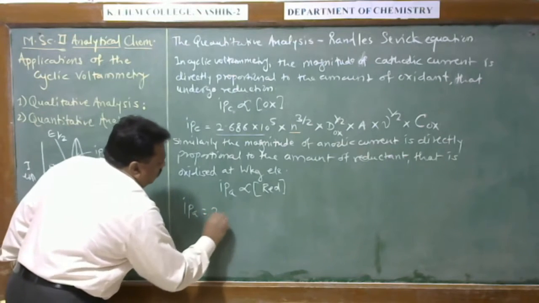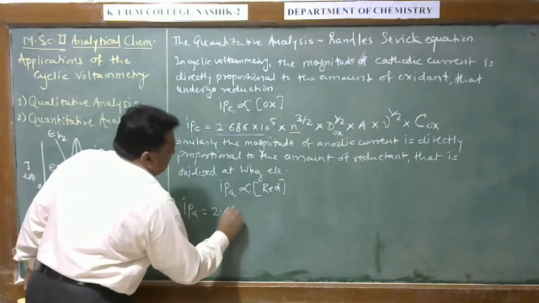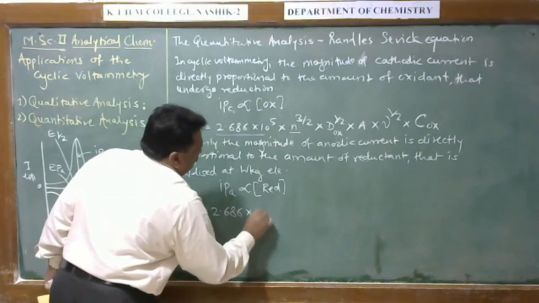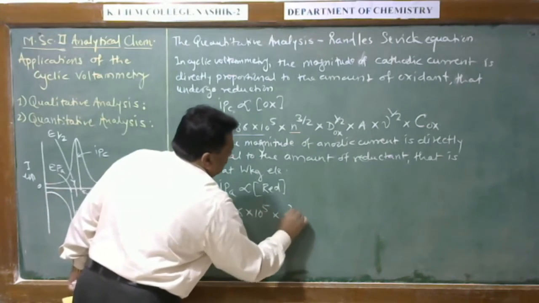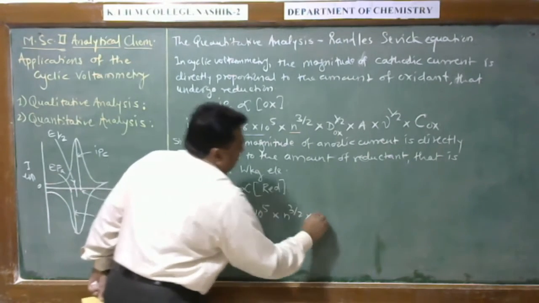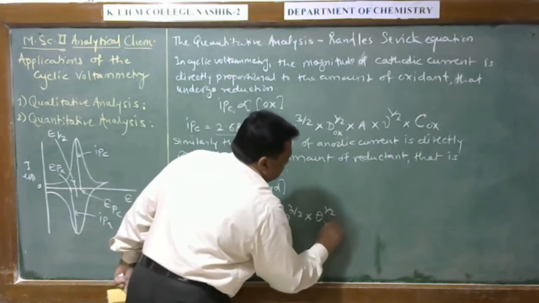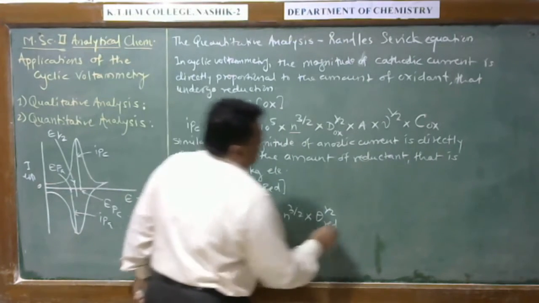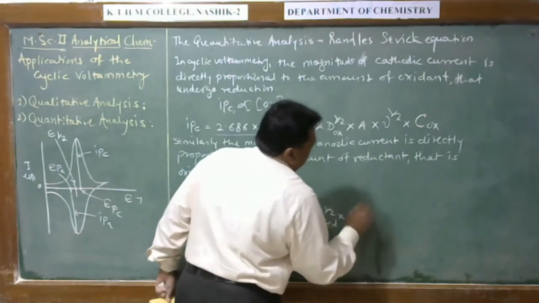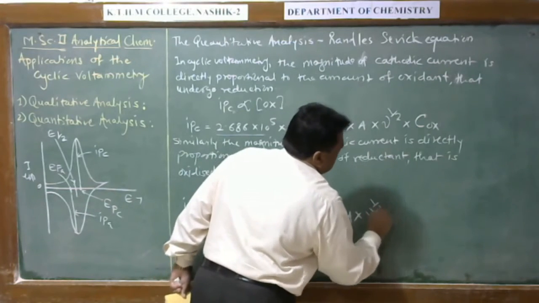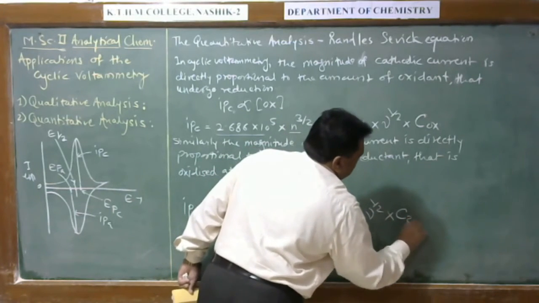IPA is equal to 2.686 into 10 raised to 5 into n raised to 3 by 2 into D raised to half, but it is for the reductant. A is the area of the electrode, mu is the scan velocity, and C is the concentration of the reductant.